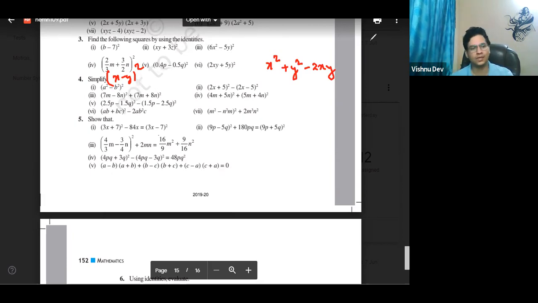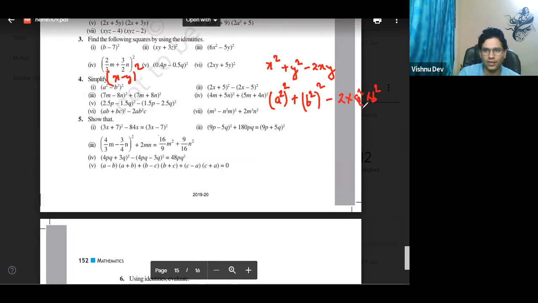Okay? Now, what is x? If you compare this, what is the value of x? X is nothing but a square. So this would be (a square) whole square plus, what is y? Y is b square. So (b square) whole square minus 2 into a square into b square.